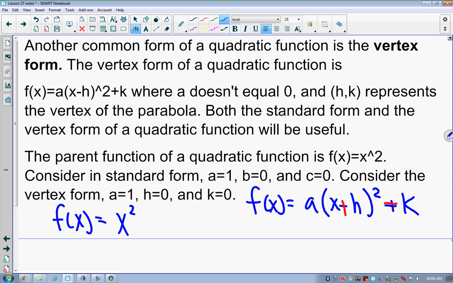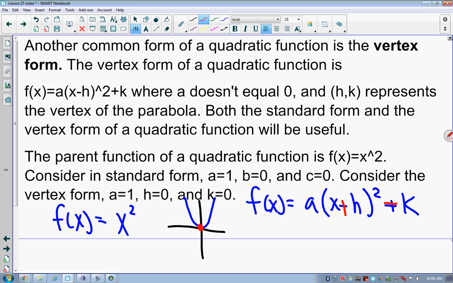So this is showing me that, one, it opens upwards, because it's not negative, and it tells me that the vertex coordinates are 0, 0. I could tell you right off the bat that it's going to look something like that, with its vertex right there, because that's the parent function.